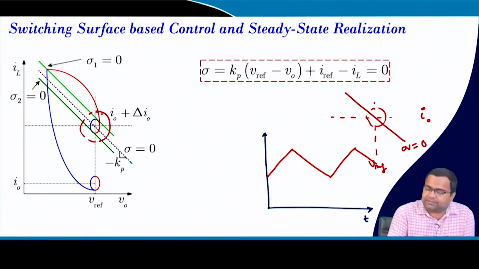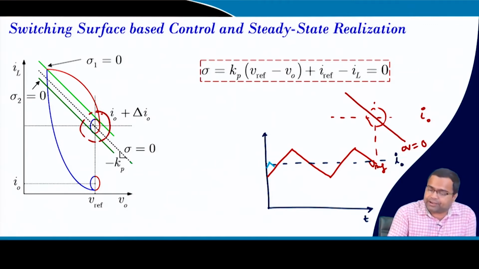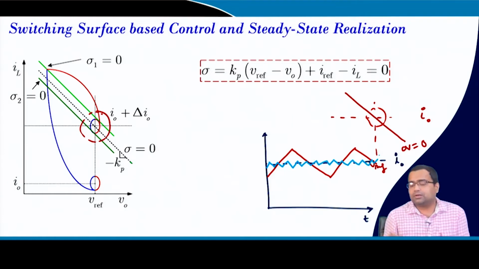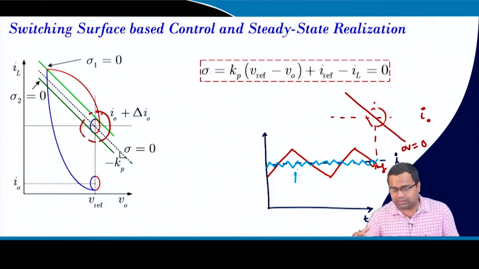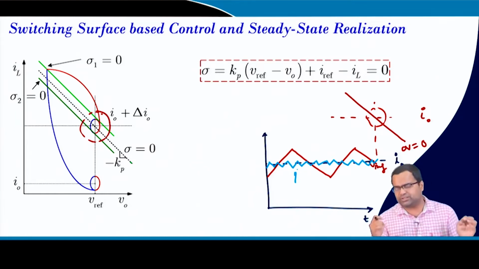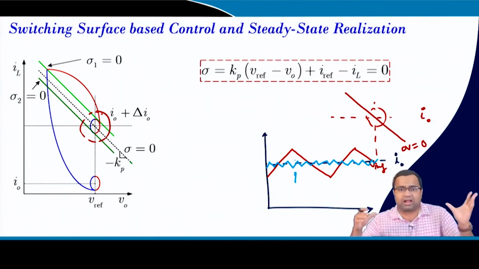If I keep this average value constant, this is my I0, we can also operate with extremely fast switching. But this may not be desirable, because very high switching frequency may lead to a lot of switching loss, and if your device does not support such high switching frequency, it can damage the device. So, we need to properly select the switching frequency. Similarly, the red one may not be desirable, because the ripple may be too large.